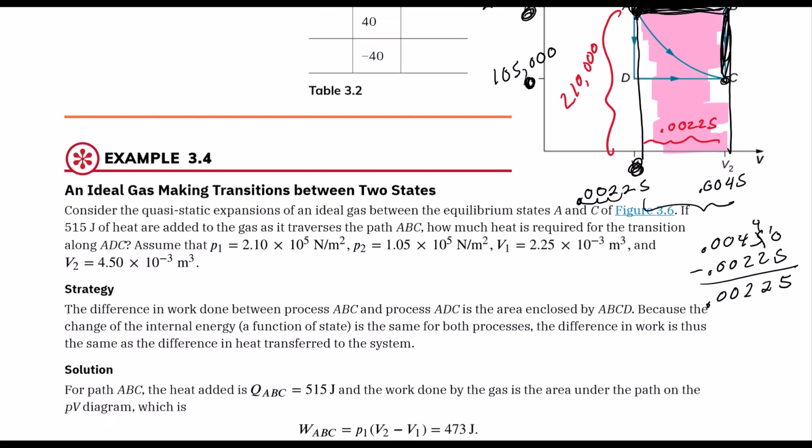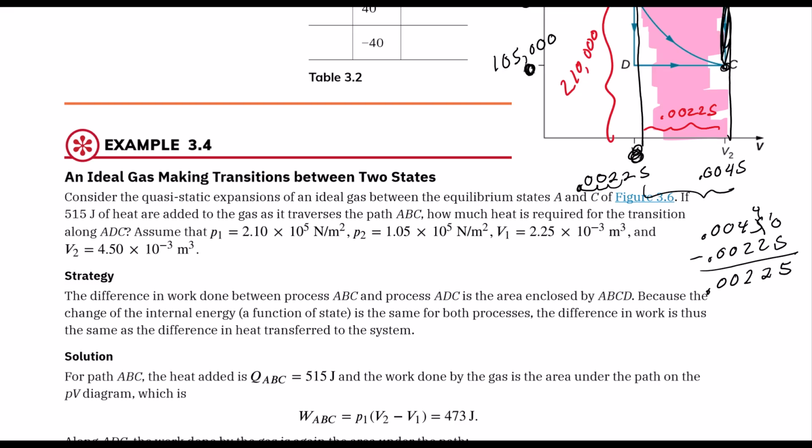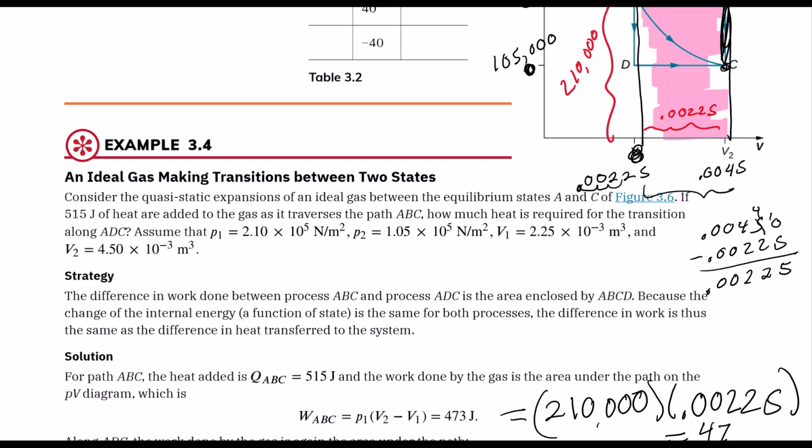I'm just being silly. So the work done under the path is 473. The work done is 210,000 times 0.00225, which equals 472.5 joules, because this is newtons per meter squared and this is cubic meters.